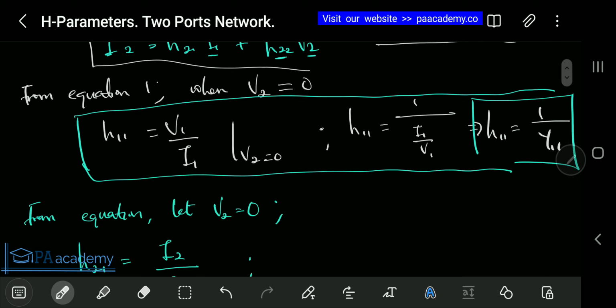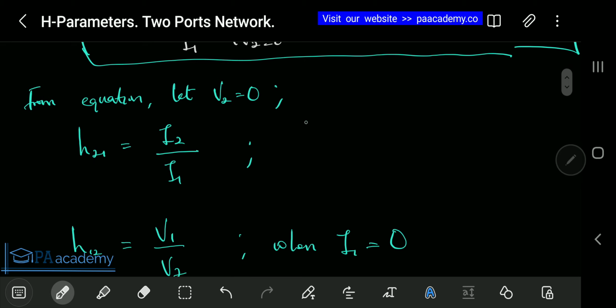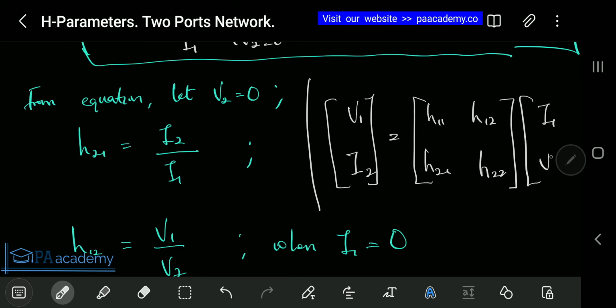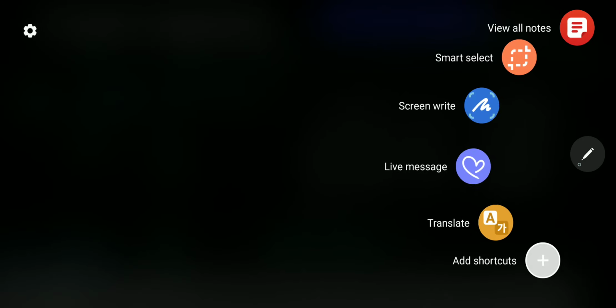If you want to write it in matrix form, you are going to be having something that looks like this. So this is [V1, I1] equals to [h11, h12; h21, h22], and then over here we are going to be having [I1, V2].